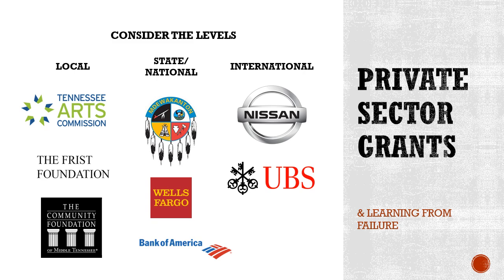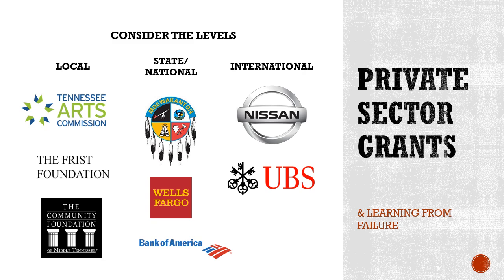But for example, to discuss some of the other ones, the Tennessee Arts Commission typically provides $2,000 to $3,000 in funding for the Native American Indian powwow, which the NAIA puts on every year. The Frist Foundation donated all the computers to the NAIA 2 to 3 years ago, and the Community Foundation, which we'll discuss later on in the screencast, is a huge resource for small organizations within Tennessee because they provide a great deal of networking and resources for nonprofits to reach out to and seek funding from.